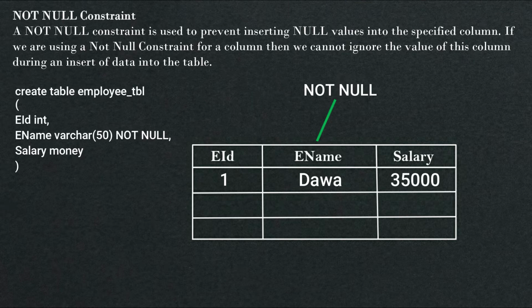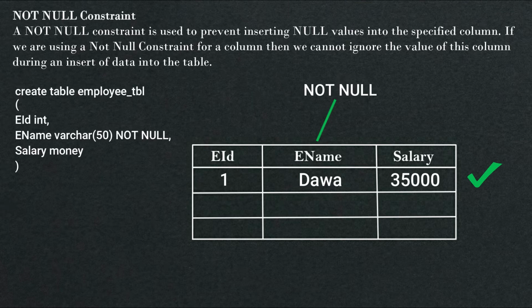Yes, definitely this value will be inserted into this table, because we have inserted the value according to the rules of the not null constraint. We have not left the ename column blank here, right?